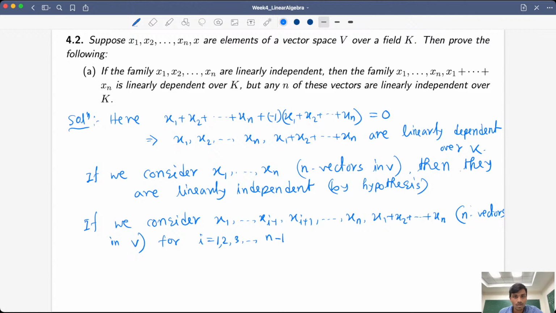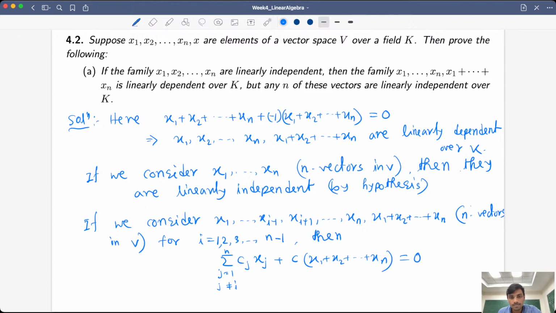Then I also need to check that if I consider the sum of cj xj, where j runs from 1 to n but j is not equal to i, plus some c times (x1 plus x2 plus ... plus xn), and this equals 0, I can rearrange all the things.